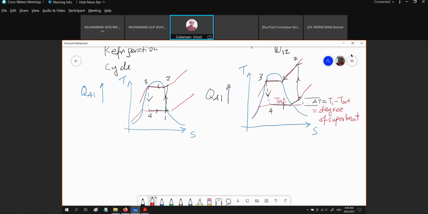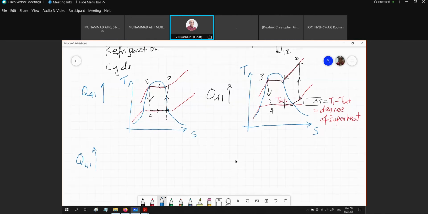Okay. And then after that, we could get more Q for 1 by modifying the state of 3. So next, we still have the discussion of increasing the Q for 1, but now we are going to move the state of 3.